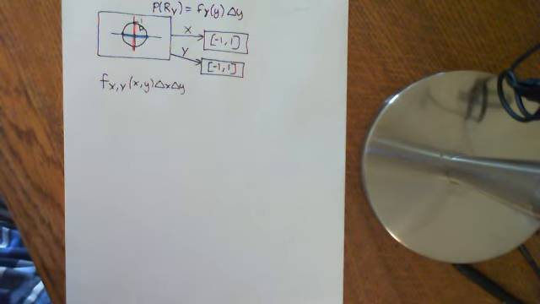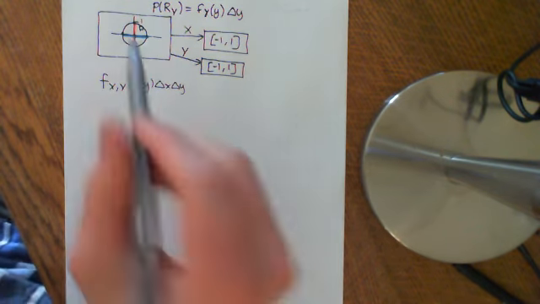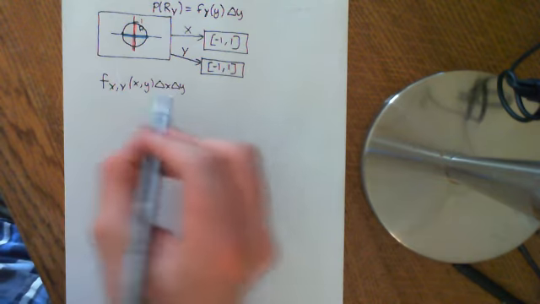That's why it's called the probability density function, because you have to multiply it by an area or a volume or whatever to turn it into an actual probability. Okay, so that's the way we can roughly think about that.